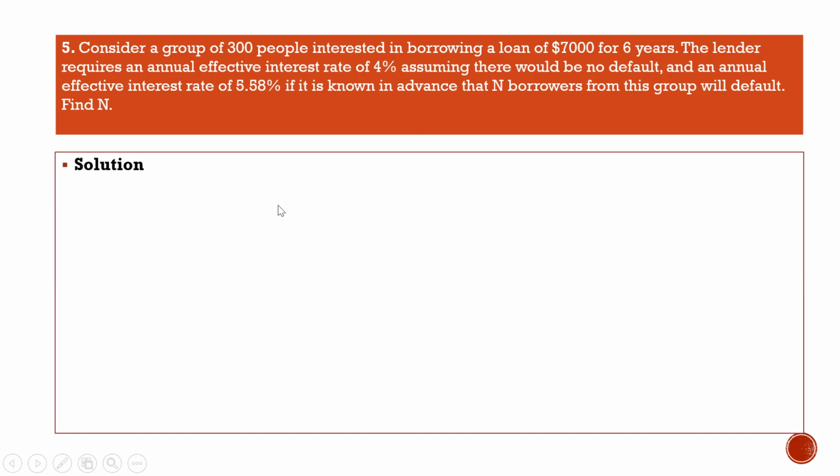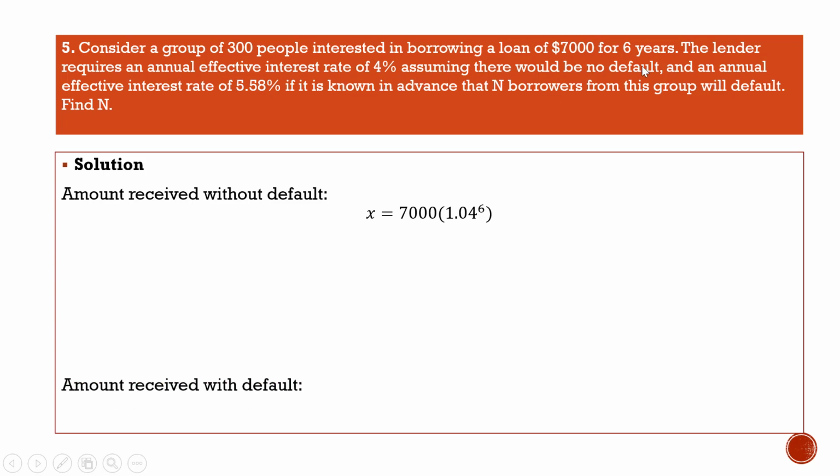Here, the amount received without default is X equal to 7,000 times 1.04 to the 6, because 7,000 is the amount of the loan, the length of the loan is 6 years, and the effective interest rate is 4%, assuming no default.